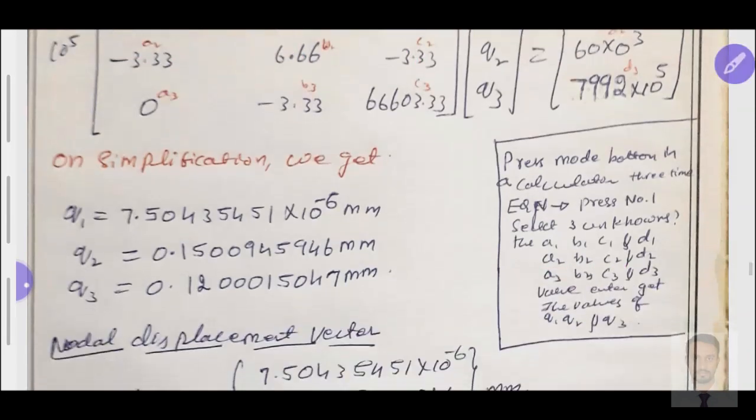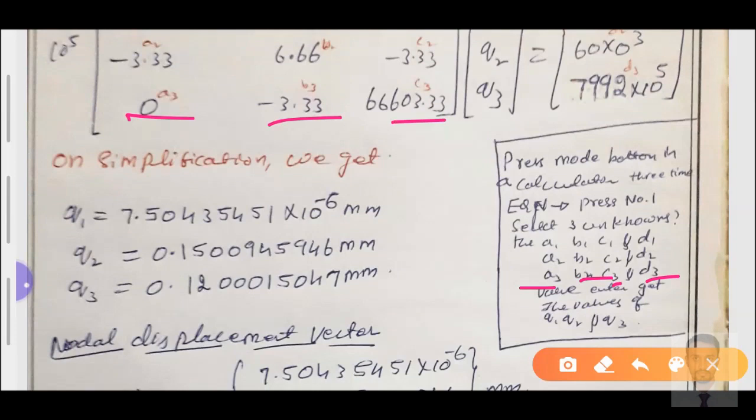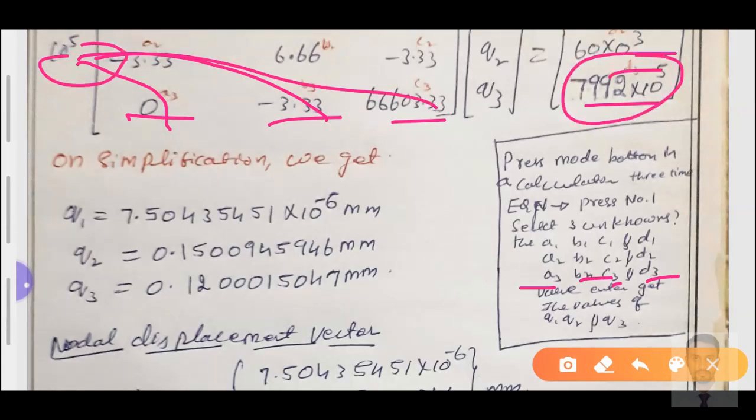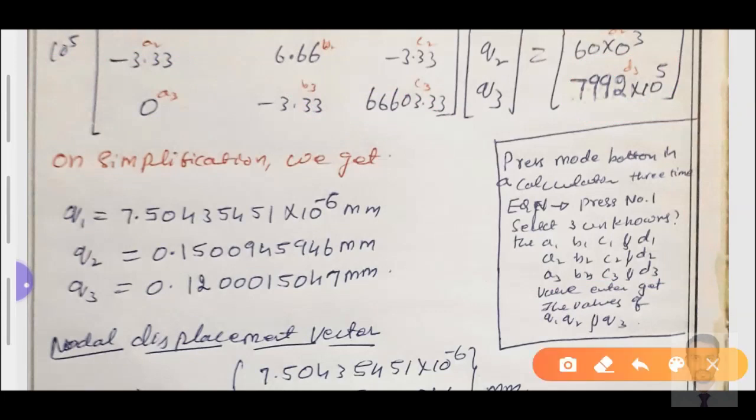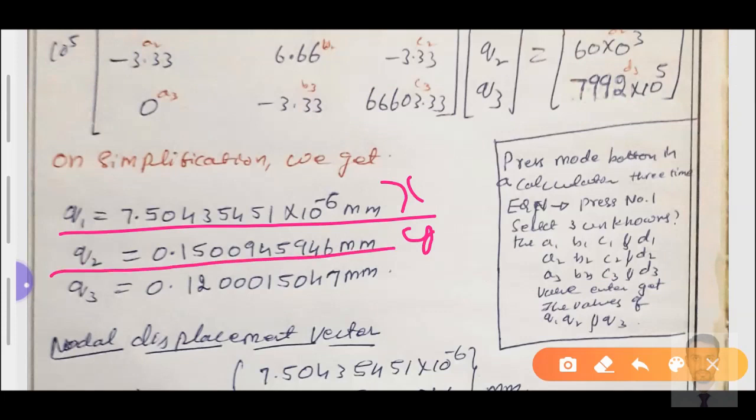Again similarly enter a3, b3, c3, d3, multiplying with 10 to the power of 5, and d3 is this value. Press equals and you will get the value of x, which is q1, the value of y, which is q2, and the value of z, which is q3.